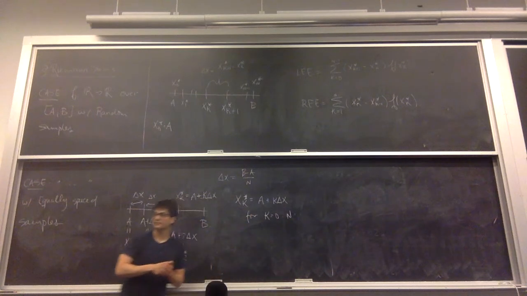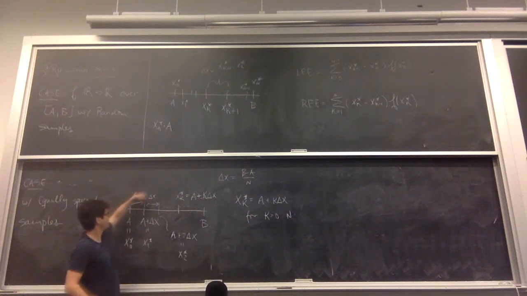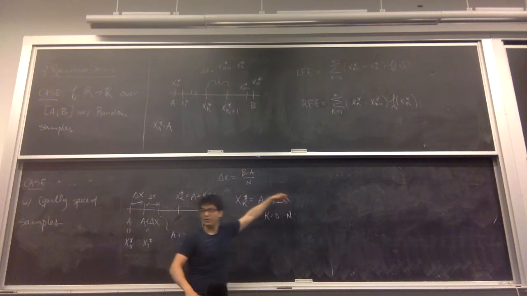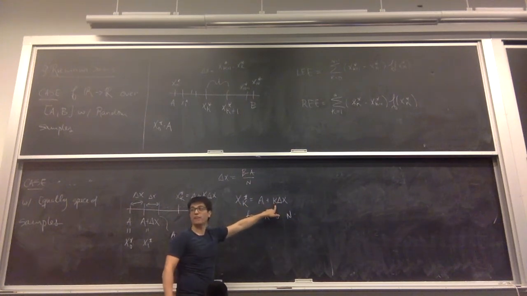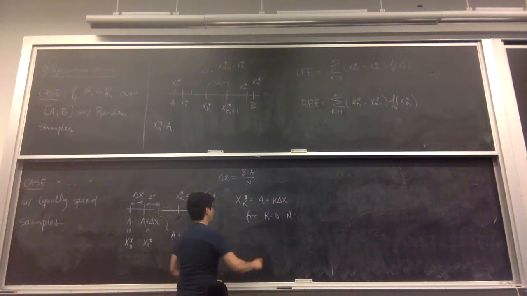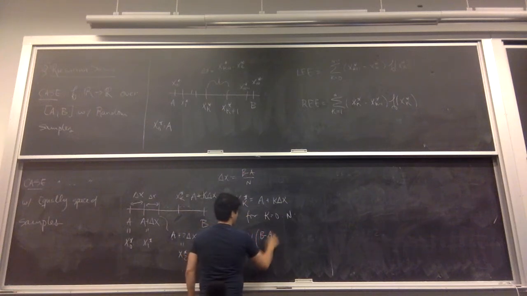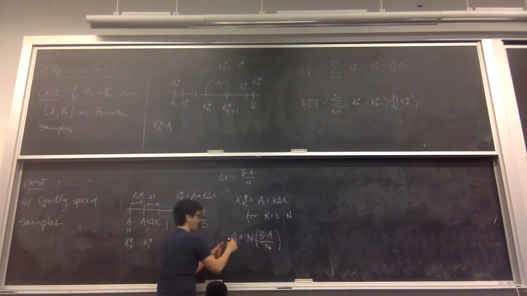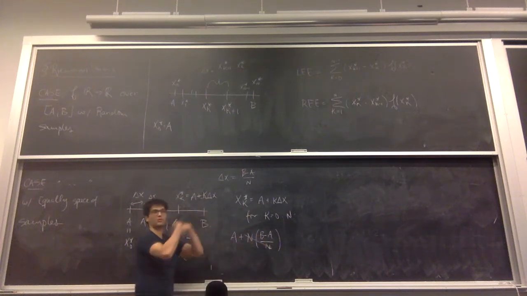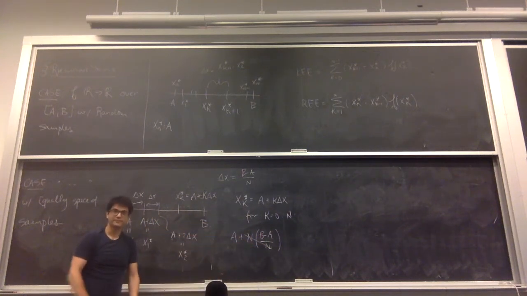N. N many steps down get us to B. Let's confirm this, right? So I'm saying that if I put n into here, we're going to get B. So A plus n many steps of B minus A over n. That will cancel. You get A minus A plus B. Lo and behold, we've made it to B.